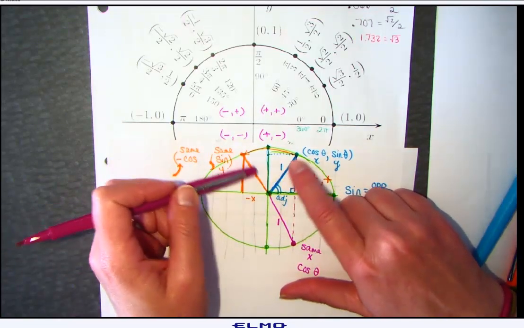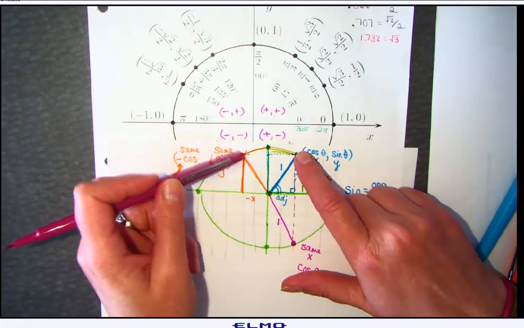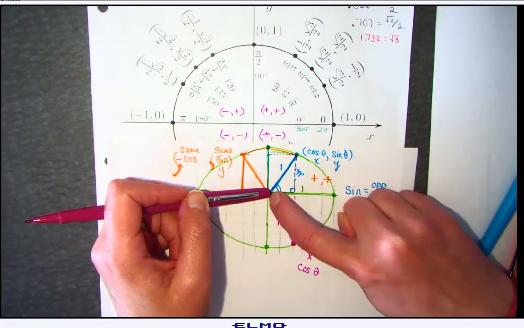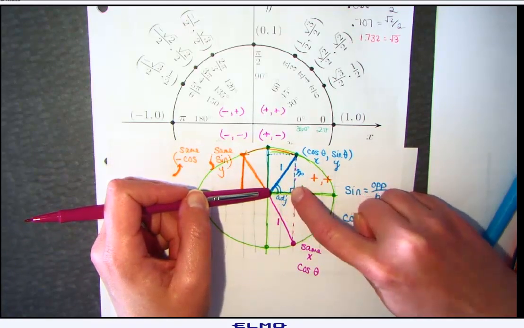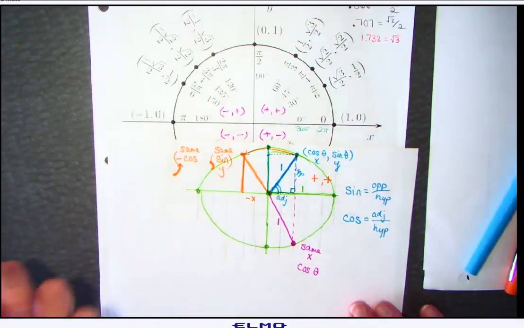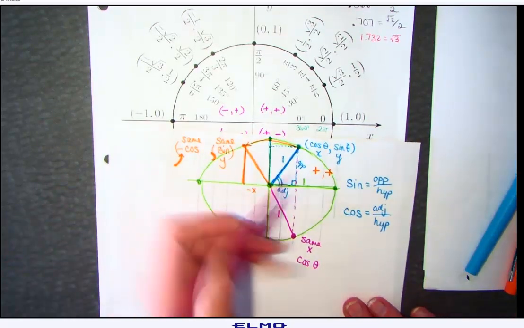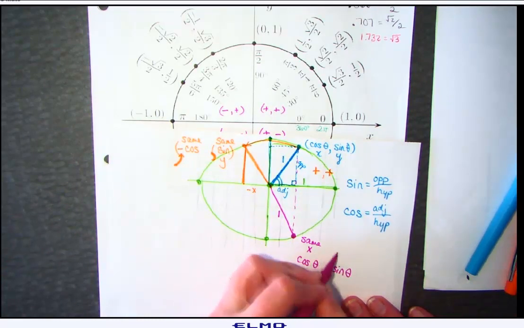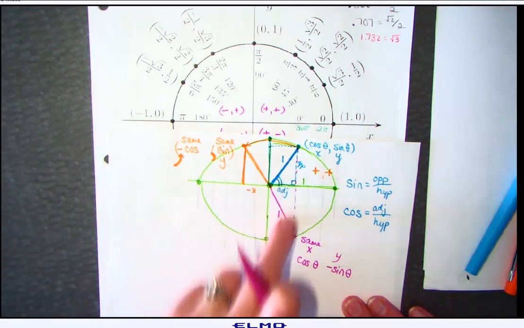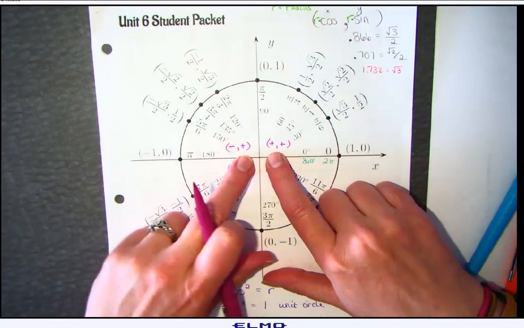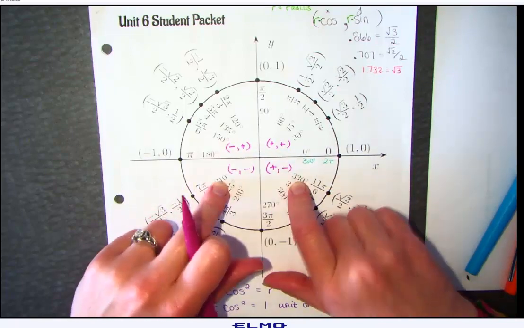Well, if c squared is the same everywhere, and if we have some values that have the same x, or a squared here, this side right here, the short one, that means that this side has to be the same. It's just that our sine is negative for our y-coordinate because it's going downward from the x-axis. So that's kind of our idea behind these positive and negative signs.